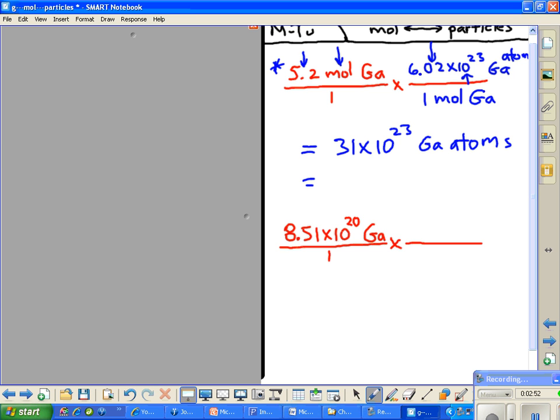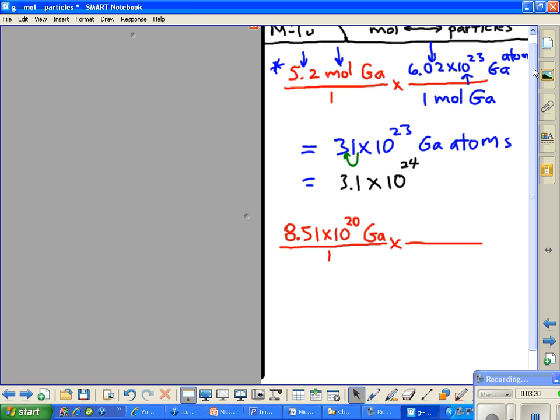So when we change it to scientific notation, we have to move the decimal from here to here. And so our real answer is going to come out to 3.1 times 10 to the 24th. And if you don't know how to do that, you need to go back and restudy my pen method, and that will get you through this kind of calculation. So that's your first one.